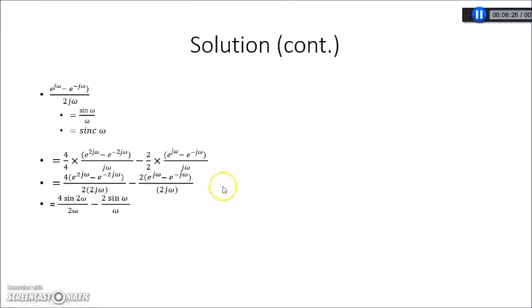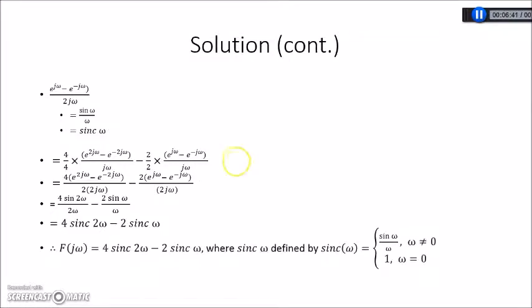With that in mind, we can deduce it as 4 sinc 2 omega minus 2 sinc omega. This is our final answer.